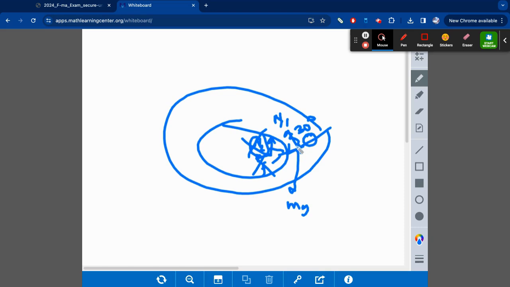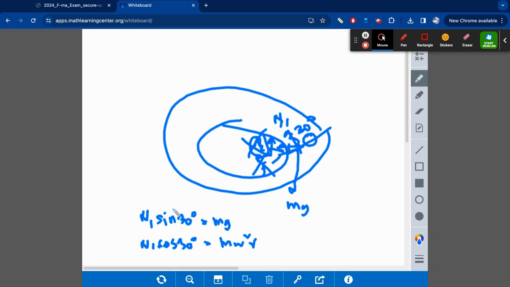So we know that N1 sine 30 degrees, the vertical component, must be equal to mg. And we know that N1 cosine 30 degrees, which is pointing inward, must be providing the centripetal force required to keep the rider in motion.